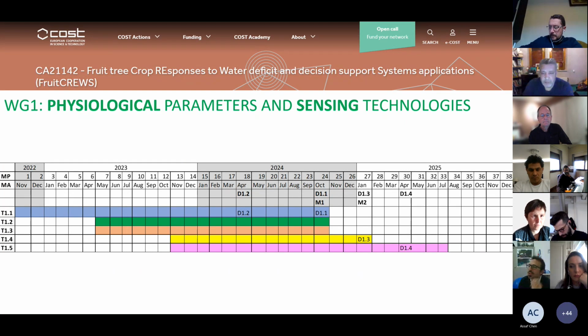And so here you see just the Gantt chart of the work we are doing, we will do during the project. So the first task to start is task 1, this one, and in parallel there is the starting of the tasks on the proximal sensors, remote sensing, scouting, and after the integration and protocol.